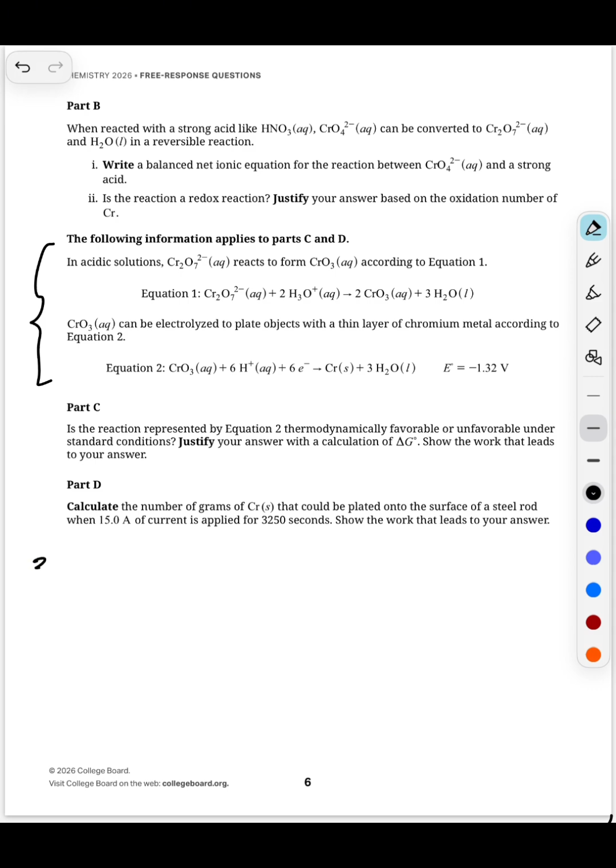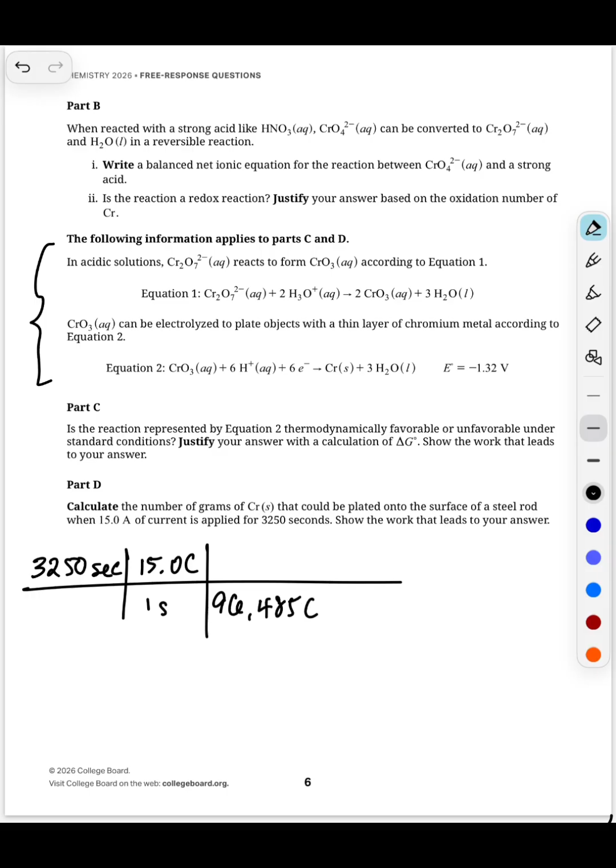So we have the 3,250 seconds. And amperes can really be broken up into coulombs per second. So then it's 15 coulombs per second. And now we want coulombs to cancel. So when we use Faraday's constant, we get 96,485 coulombs per 1 mole of electron.